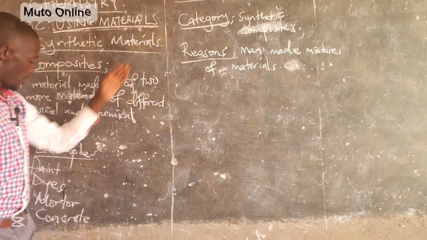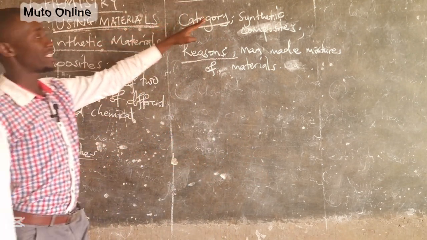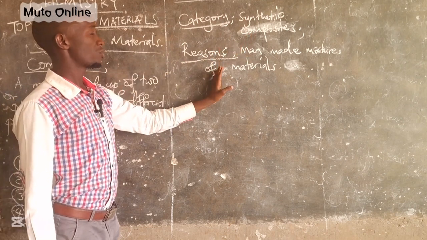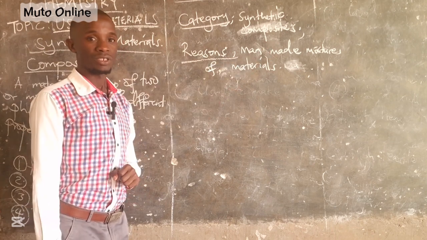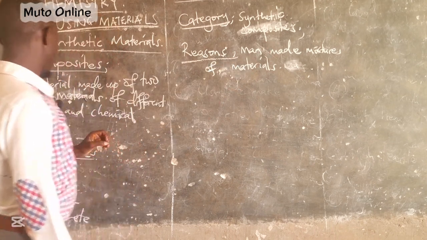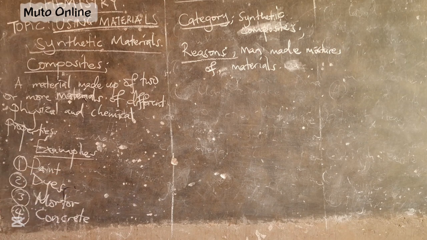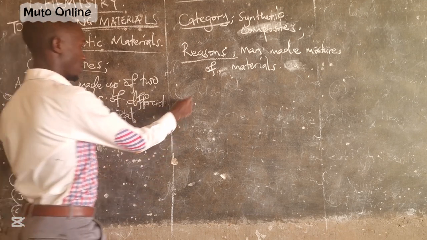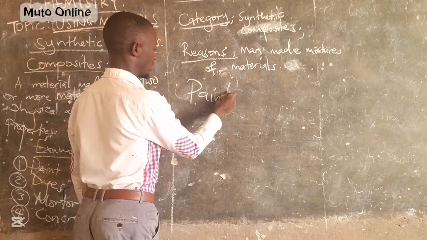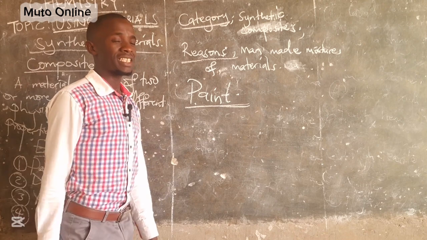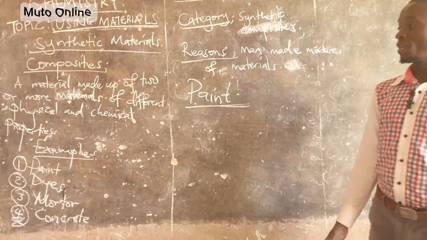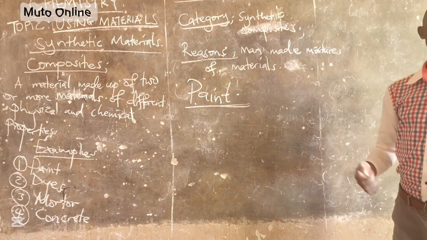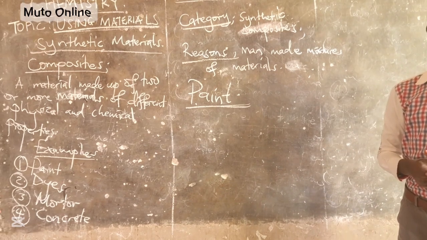We said all the four are categorized as synthetic composites. The reason is that all of these are man-made mixtures of materials. We are going to look at one by one, and I'm going to start with paint right now as a material. We very well know that paint is actually used in very many fields, especially the construction field.